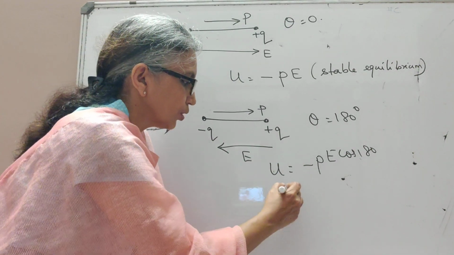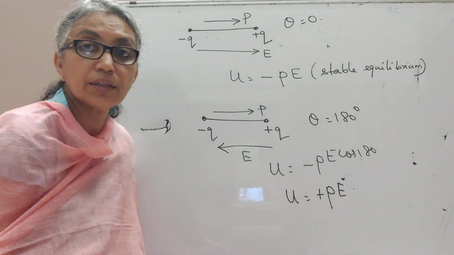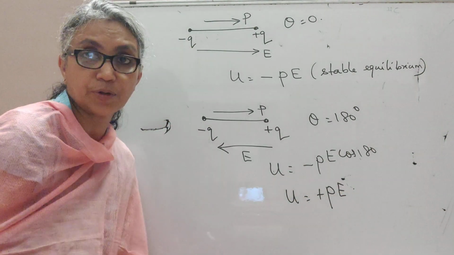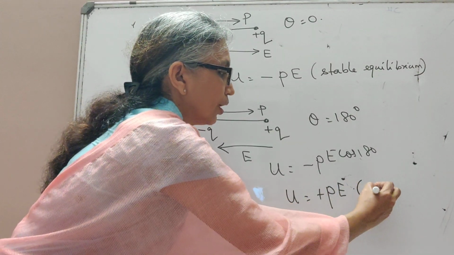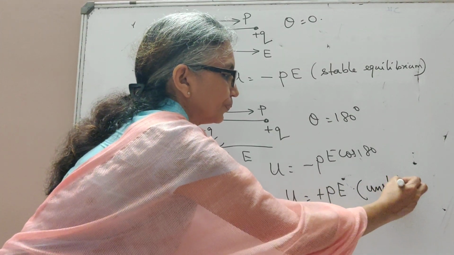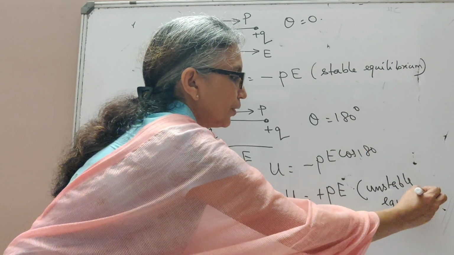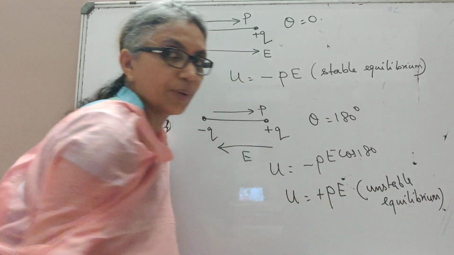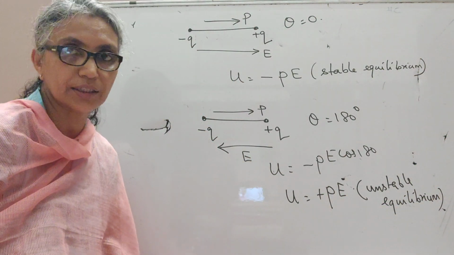So that minus would make your potential energy positive PE, which would mean that it has maximum potential energy. Maximum potential energy always refers to unstable equilibrium. So this is very important for you to remember. Stable equilibrium of your dipole is when theta is 0. That is, the dipole moment and E are parallel to each other.